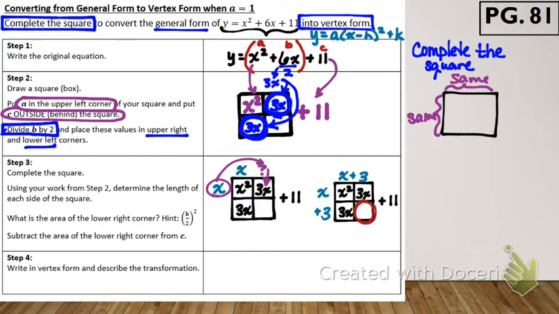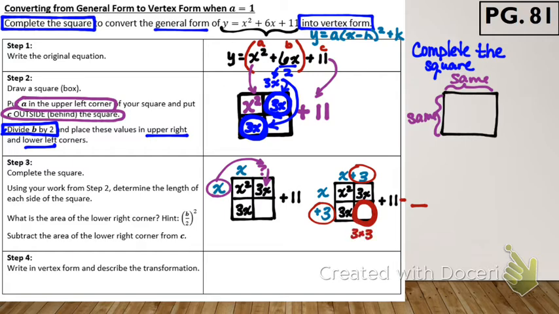This square down here, we need to fill that in. But whatever I put in there, if I add something new to my equation, I'm going to have to take it back away again so that I don't change this equation. So whatever I add, I'm going to have to take away. To find what goes in that box down there, I'm going to take these numbers and multiply them together.